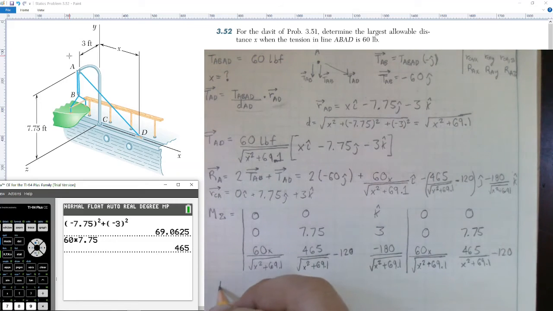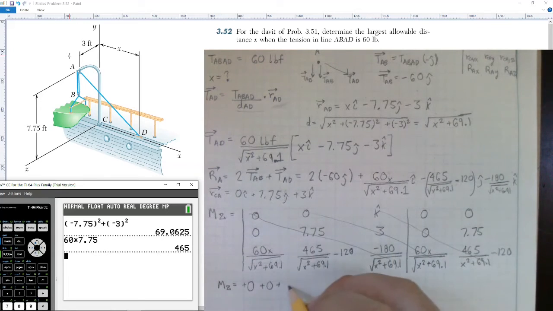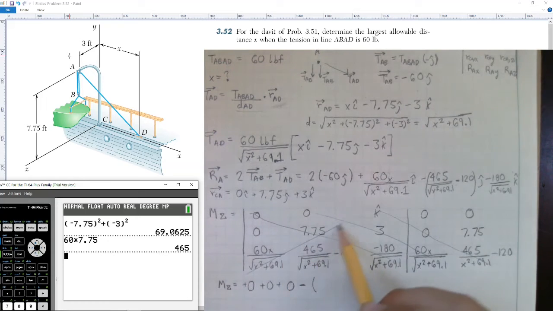So when we work this out, the moment about z is equal to, going down to the right we're going to add, up and to the right we're going to subtract. So it would be plus a 0, 0 here, and finally k hat another 0 right here. Now we're going to subtract, and we do get a value here.